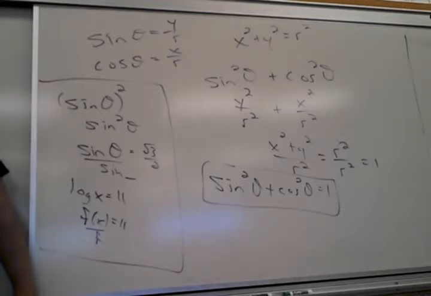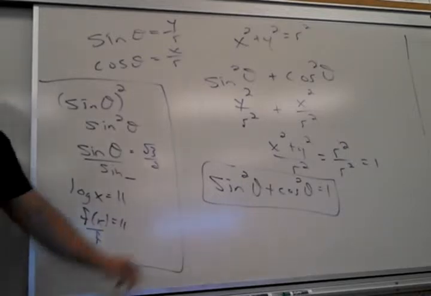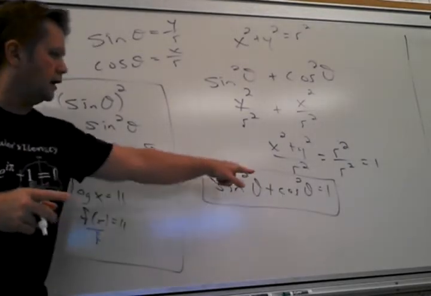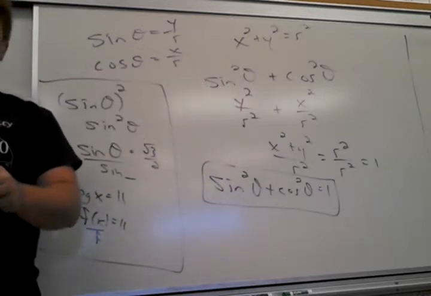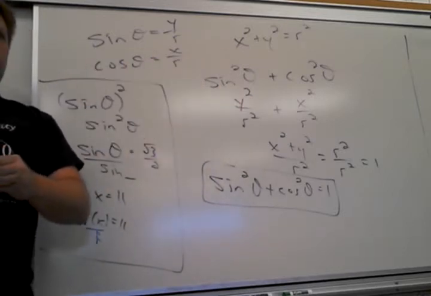Now take a second. Take that expression, divide both sides by cosine squared. See what you get.